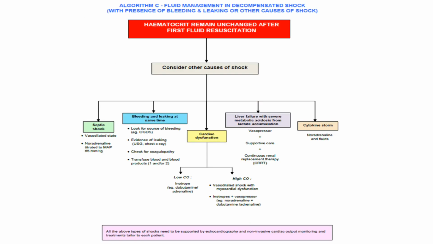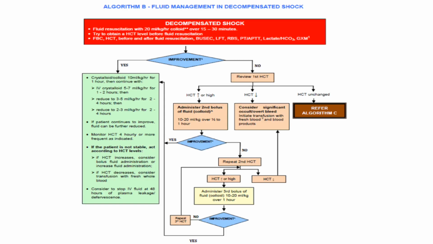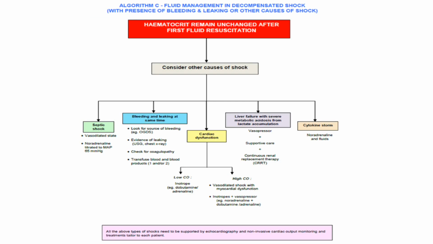And algorithm C is the fluid management in decompensated shock with the presence of bleeding and leaking, or another cause of shock. When the hematocrit is unchanged, refer to algorithm C, where you may consider finding the cause of the shock.